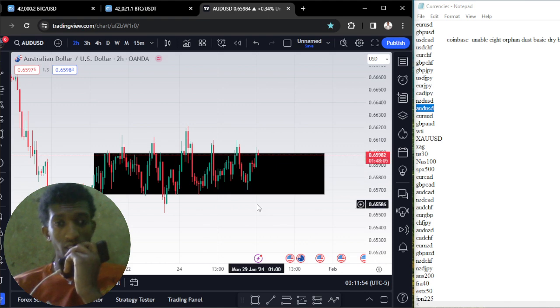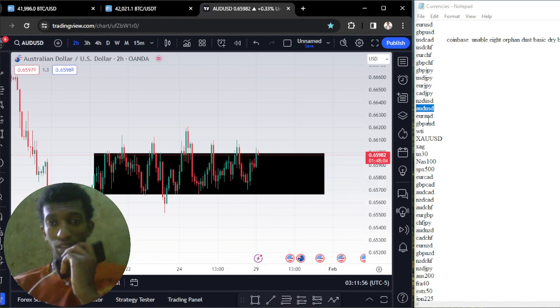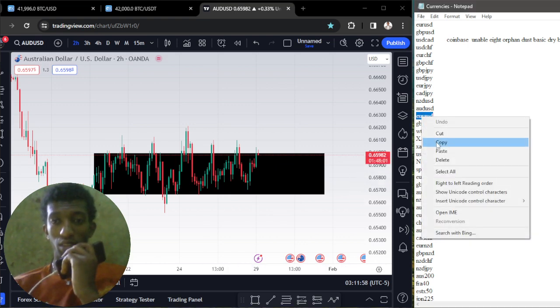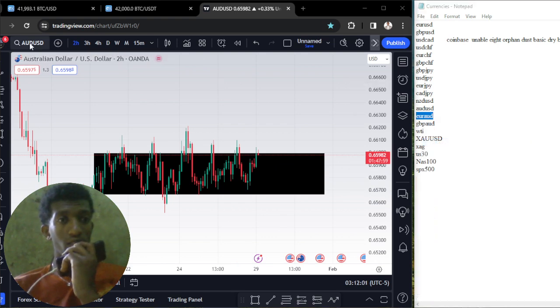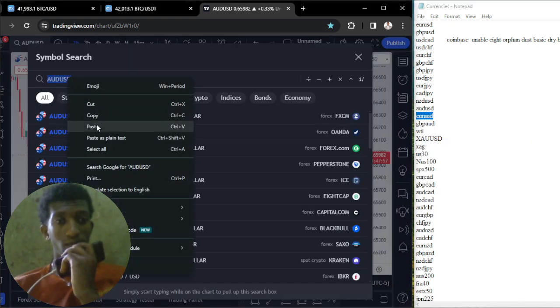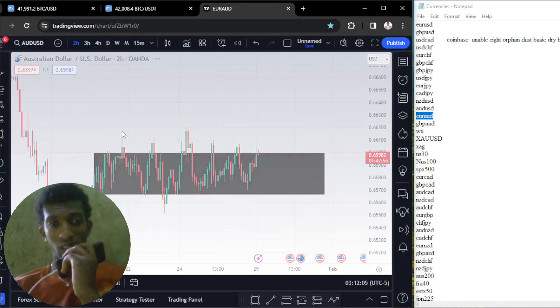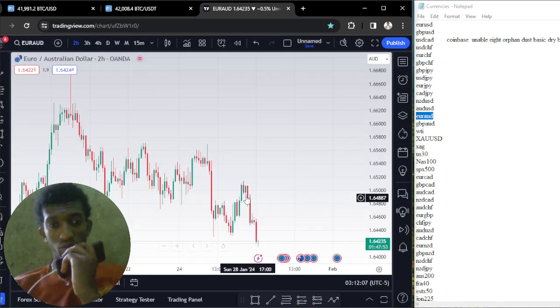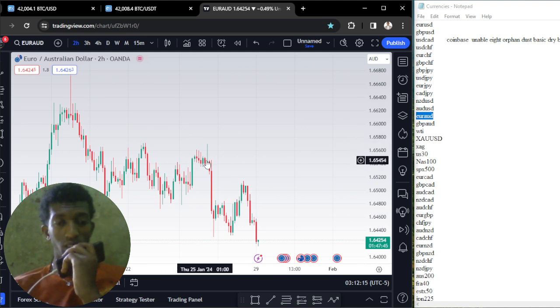They are still consolidating, right? This Kiwi dollar and Aussie dollar are consolidating. Euro Aussie, we had something there, we had another trade here, we had another trade here, but no trade here. Nice trade right there, great trade.